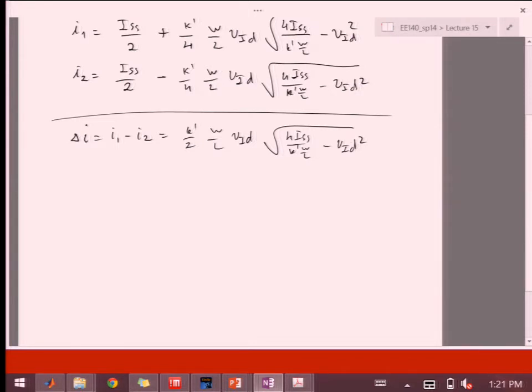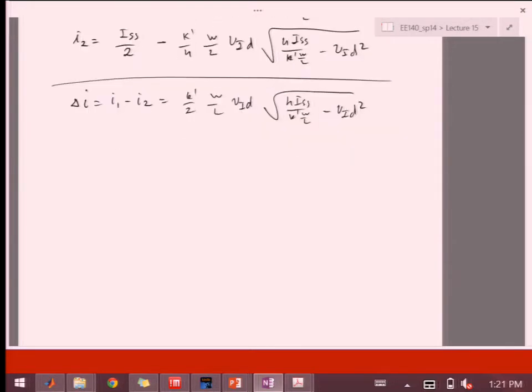Or in other words, unlike in our previous bipolar case, where our difference in current was very narrow and we very quickly reached the total ISS, or the tail current swings, here, by biasing the MOSFET, I can stretch out that region. Okay, so let's draw how this looks.